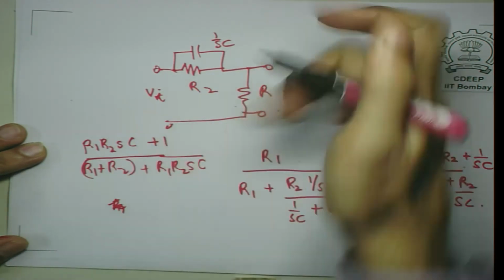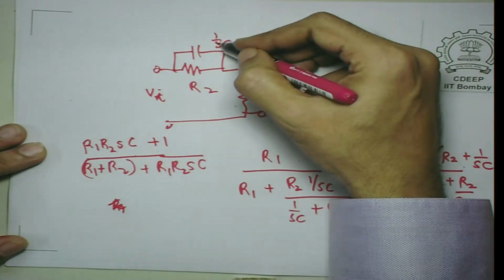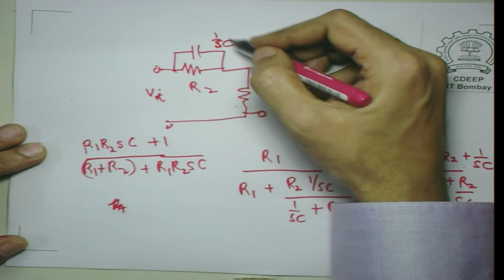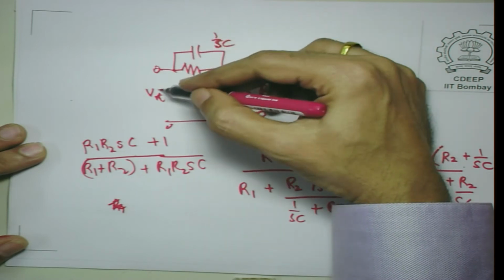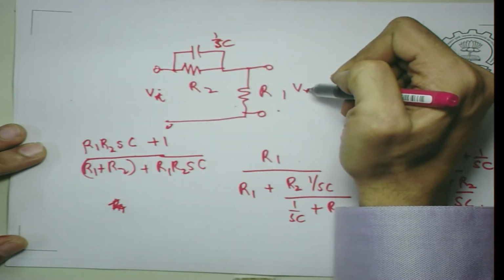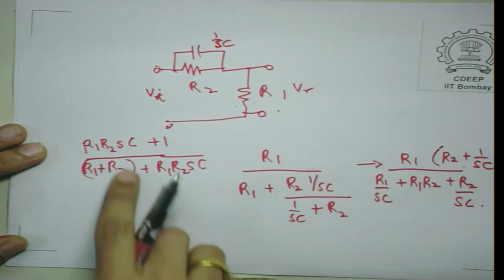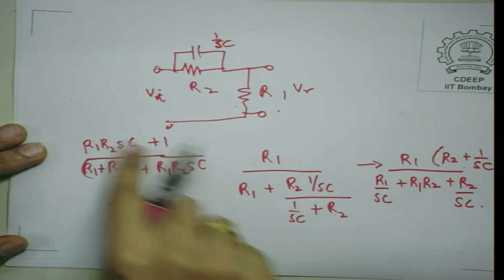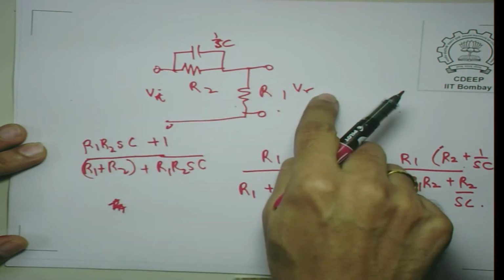One of the things you can see is that in case S is large, the capacitor becomes a short circuit. In that case, Vi will become equal to Vr. Does that happen? Let us check. If S is very large, then this term will dominate, and the gain will become 1. So, it is correct.